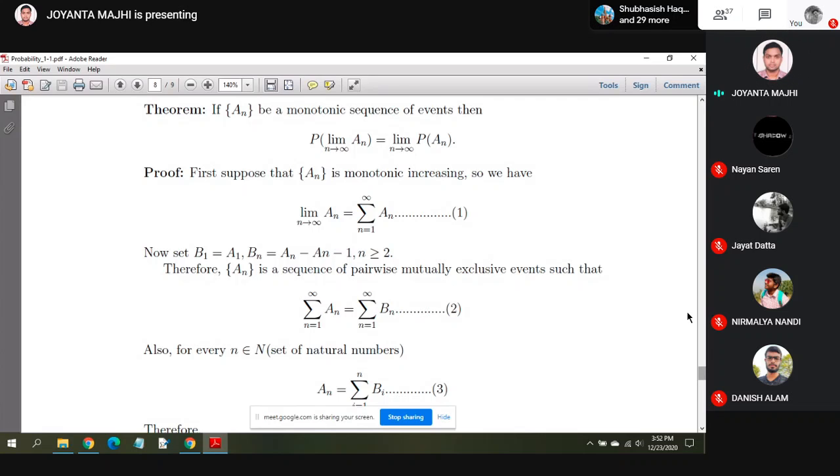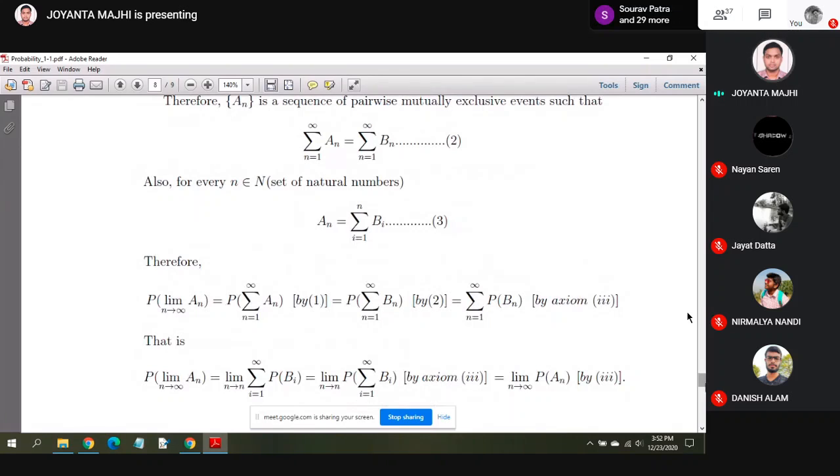Then for any n belongs to the natural number set, An is equal to the union of bi. It will happen because we construct in such a way that the union of all bi is equal to An.